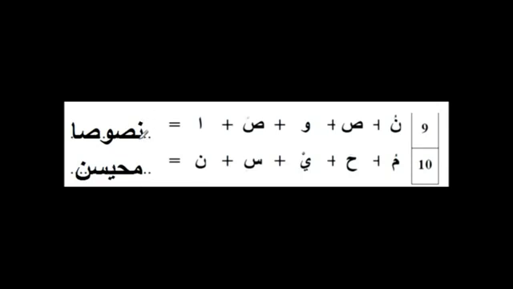The noon connects to the Sad in its connecting form. The Sad would go to the Waw. The Waw wouldn't continue on connecting to the Sad, because the Waw, we said, is a non-connector. Then the alif would connect to the Sad, because the Sad is a connector and connects to the letters after it.